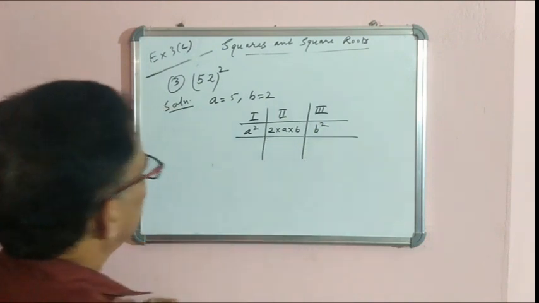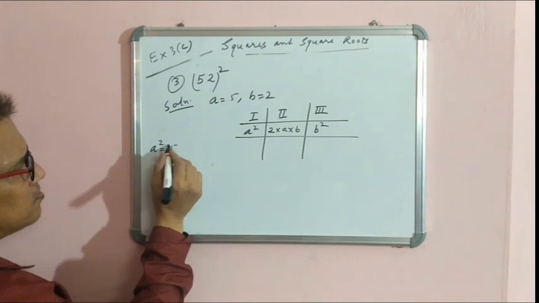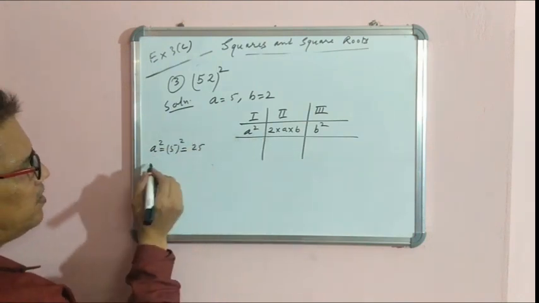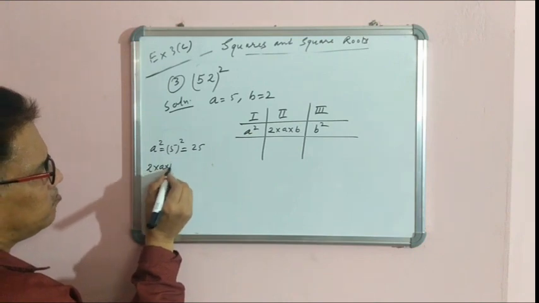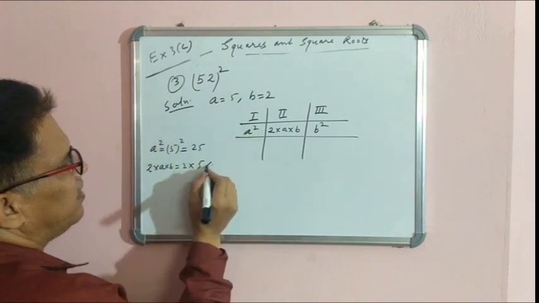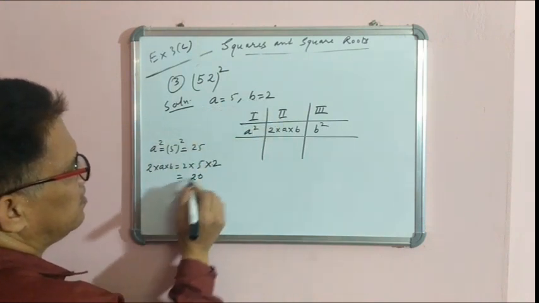Now we will solve here. A square is equal to 5 square, this is equal to 25. 2AB, 2 into A into B, the value of A is 5 and the value of B is 2, so we are getting 20 here.